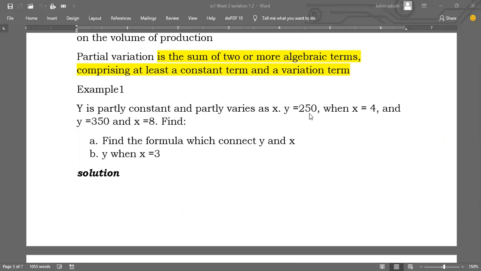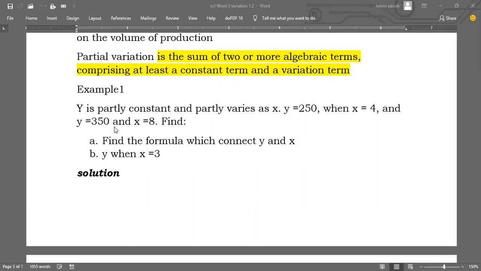We are given some parameters: y is 250 when x is 4, and y is 350 when x is 8. We are asked to find (a) the formula which connects y and x, and (b) y when x is 3.